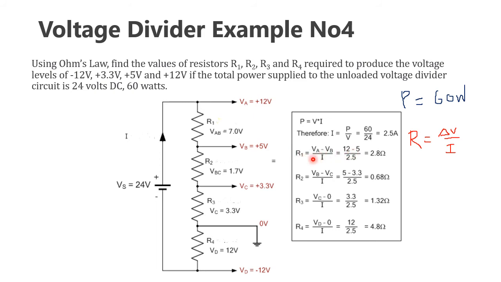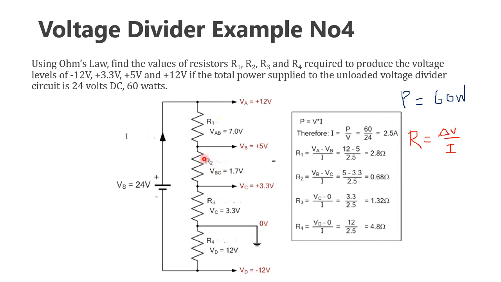So here R1 will be VA minus VB over I. So the VA is 12 volt minus VB is 5 volt over I can be substituted as 2.5 ampere. So that will be equal to 2.8 ohm. Likewise, we can find R2.